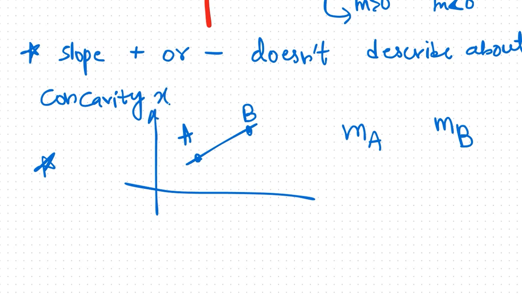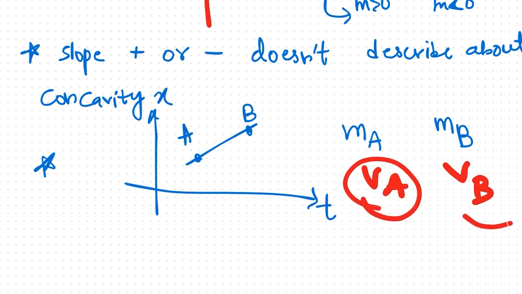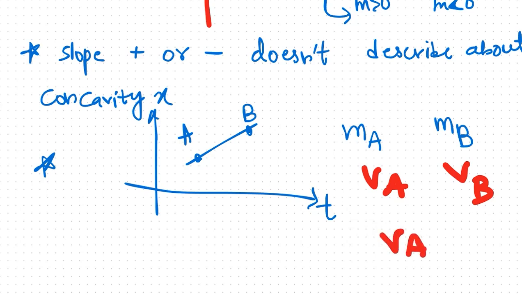Okay, so let's say this is an x versus t graph. What can you comment about VA and VB, the velocity at A and velocity at B? Since the slope is the same, it would be moving at the same velocity at both points.